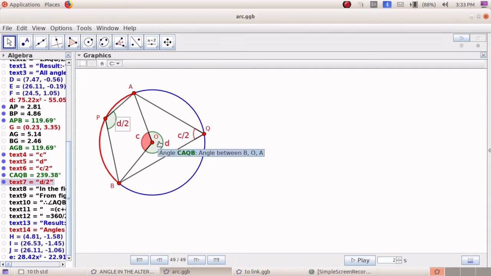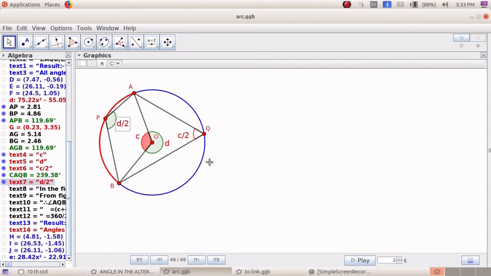That means these two angles, in the alternate arcs APB and AQB, their sum is 180 degree. Hence we have made another result.